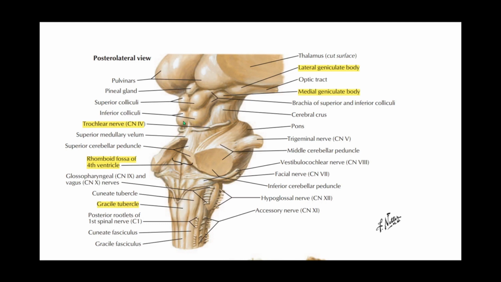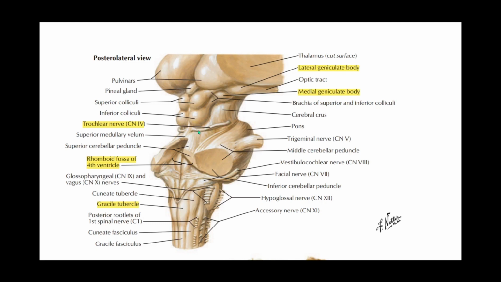So still on this posterior lateral part, we can see the trochlear nerve emerging from the posterior part of the midbrain. At the midbrain pontine junction, you can see the trochlear nerve emerging posteriorly and then running laterally to the anterior part.